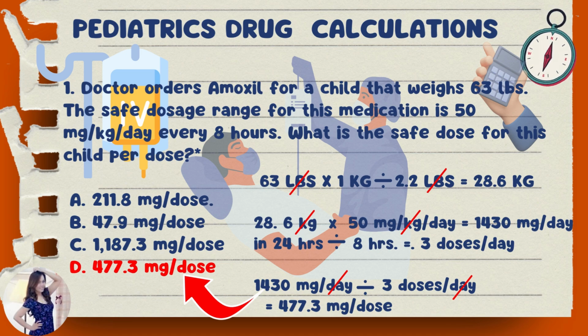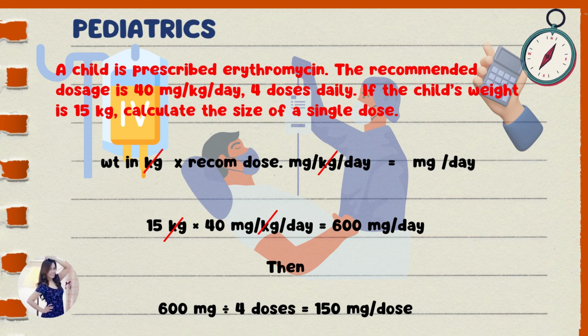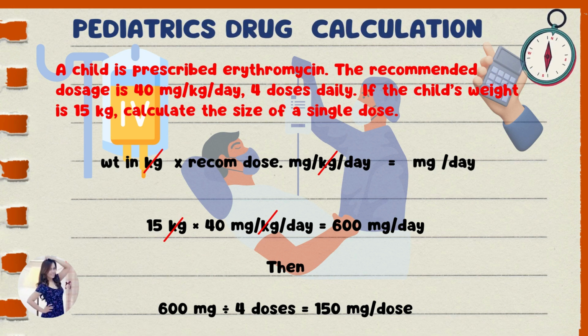In 24 hours divided by 8 hours, there will be 3 doses per day. So 1,430 milligram per day divided by 3 doses. So the answer is 477.3 milligram per dose.